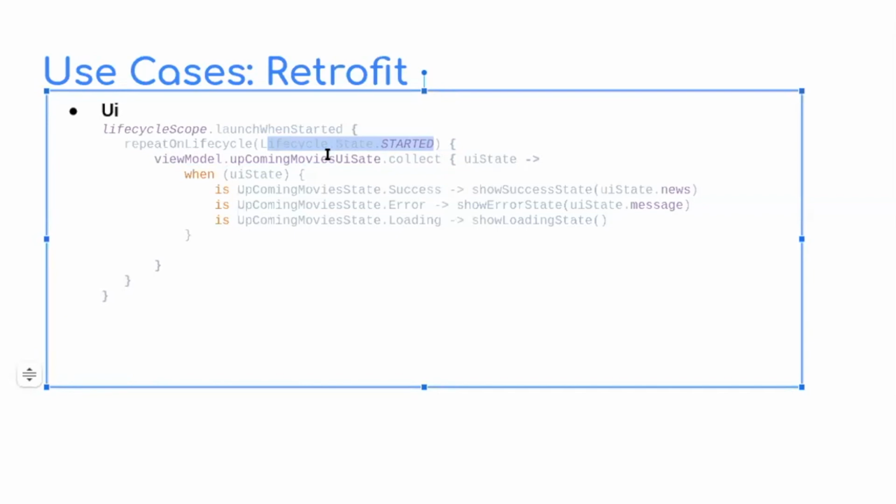So we can just call the view model, and we collect, and we can get all the data from our flow.